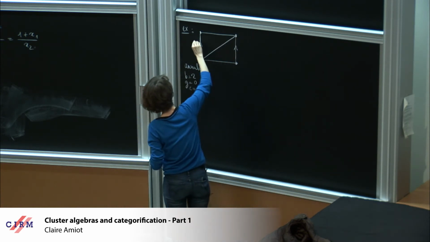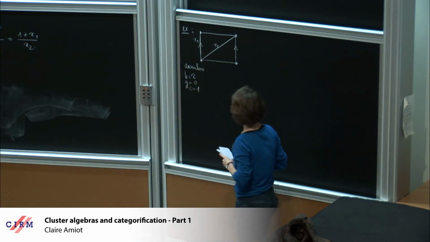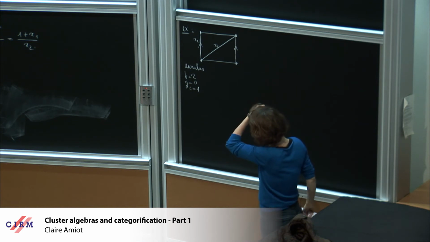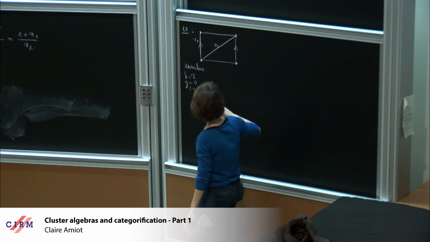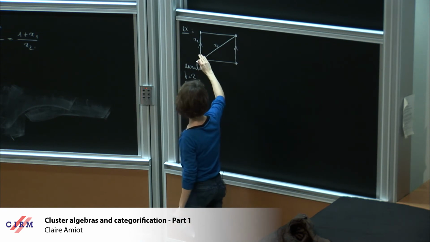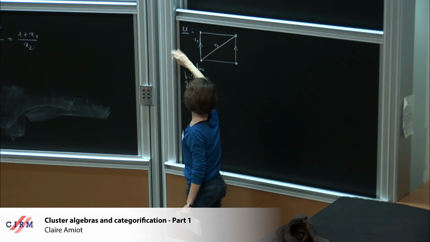So here I have only 2 arcs again. And if I flip, so here I can flip at x1, and then x2, and then x1, and then x2.